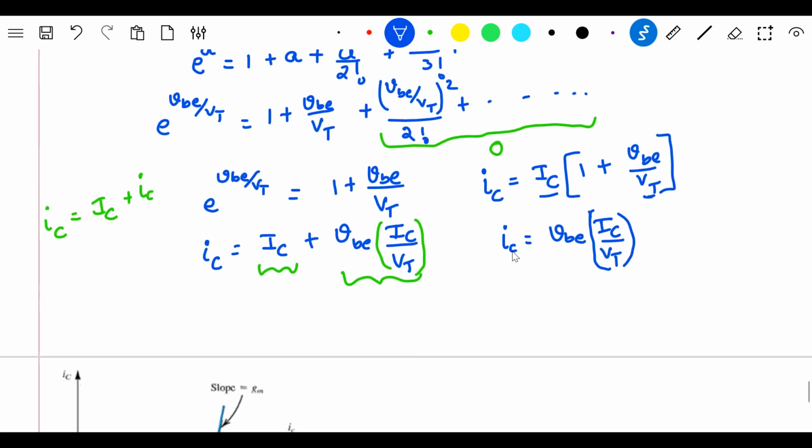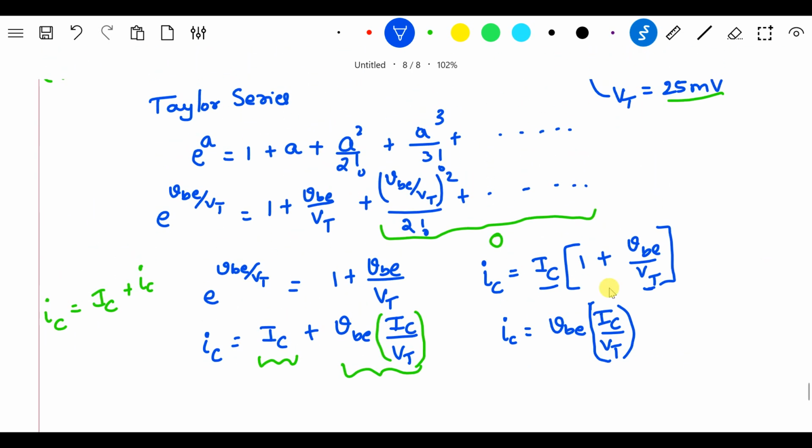Therefore, as I told you, we are deriving the equation for GM. Your GM is actually equal to, you all know that conductance is the reciprocal of resistance. According to Ohm's law, we know that R equals V by I, and the conductance is I by V. So therefore, in this equation GM equals IC by Vt.